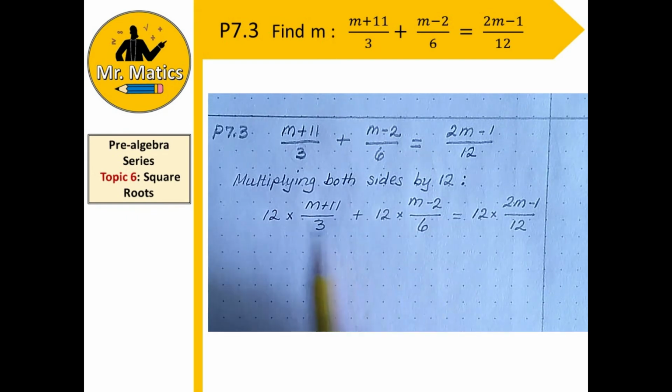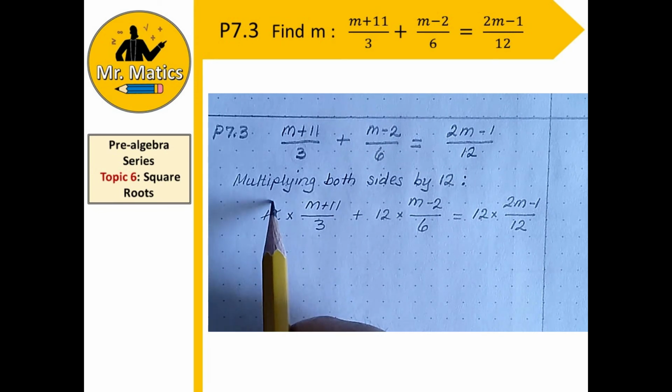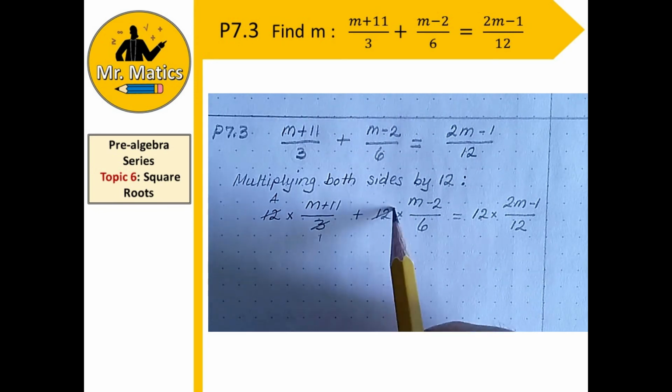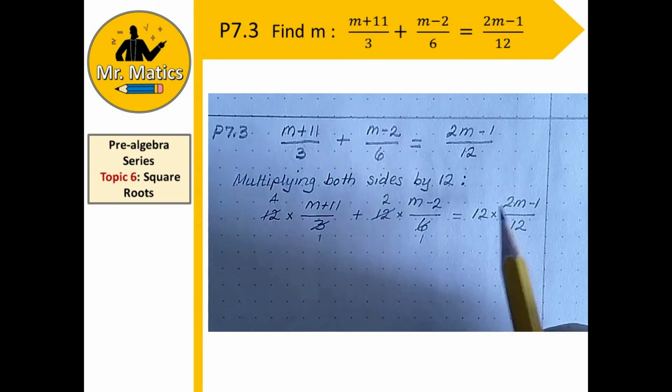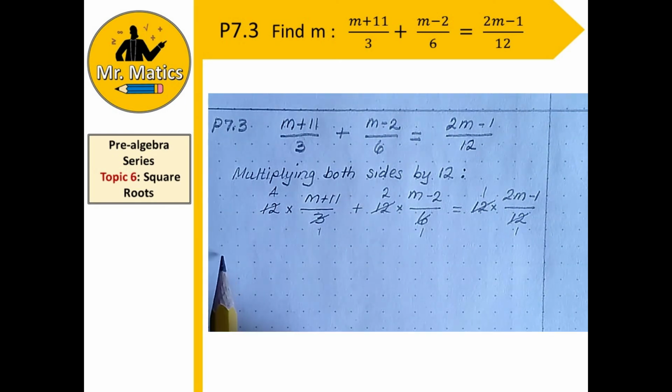You can see the factors are cancelling here. This becomes a 4, becomes 1. Factor 6 cancelling, this becomes 2, 1, and then the factor cancels altogether, leaving 1 behind.